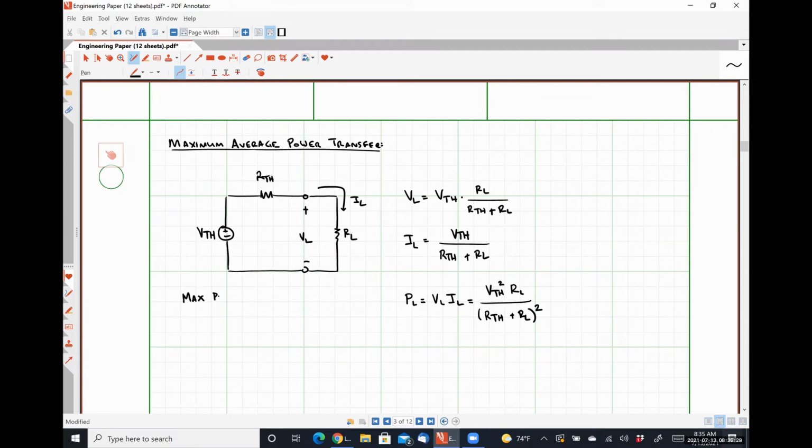Max power transfer occurs when RL is exactly equal to RTH. That's perfectly correct. We are going to be applying the same basic process, but using impedances now.